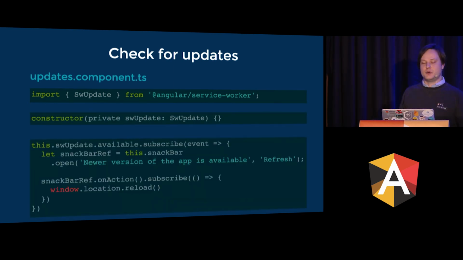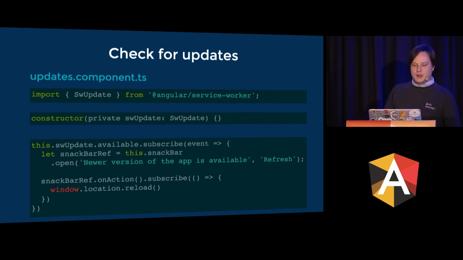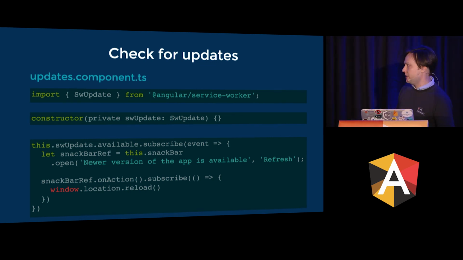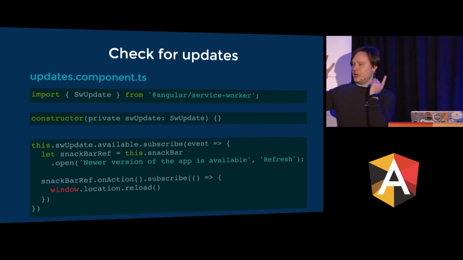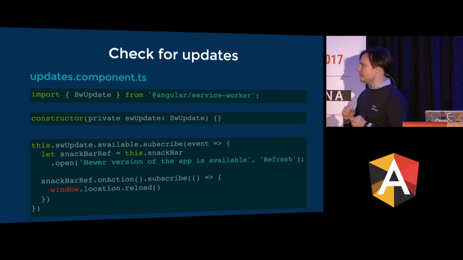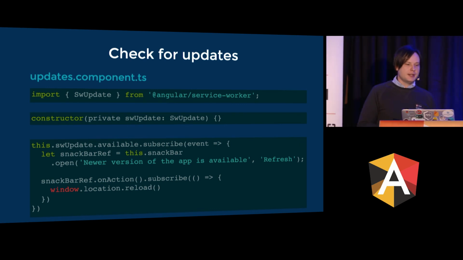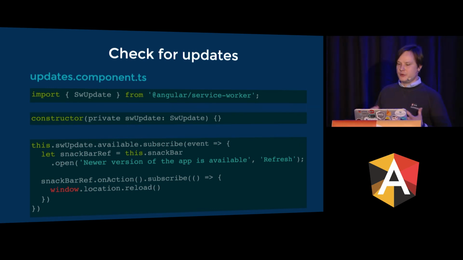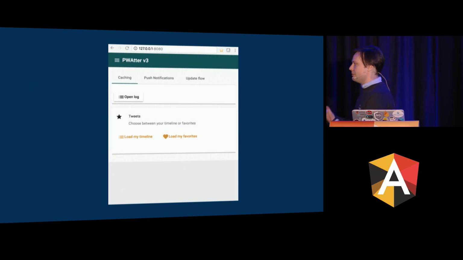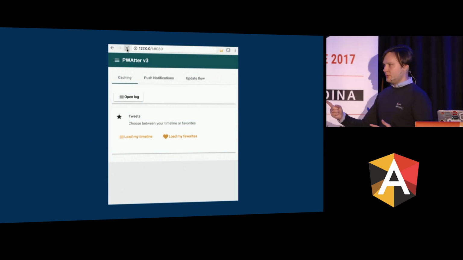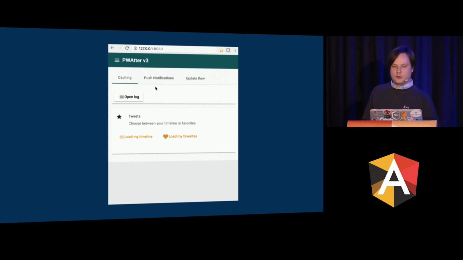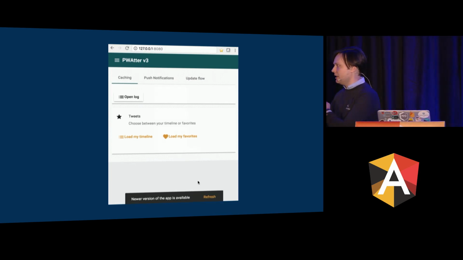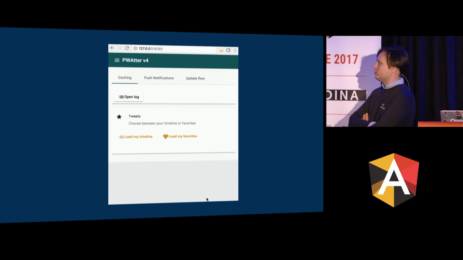Angular Service Worker exposes an observable for us with corresponding functionality. So we import the SwUpdate class, injected as always, and now we have an observable ready for us. So if we subscribe to it, we will get this moment. What we can do is show a message to our customer, like, hey, there is a newer version available, would you like to refresh?